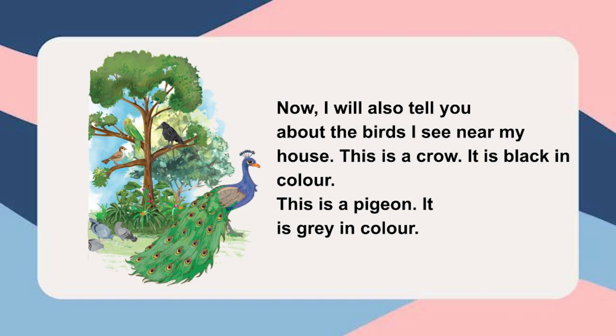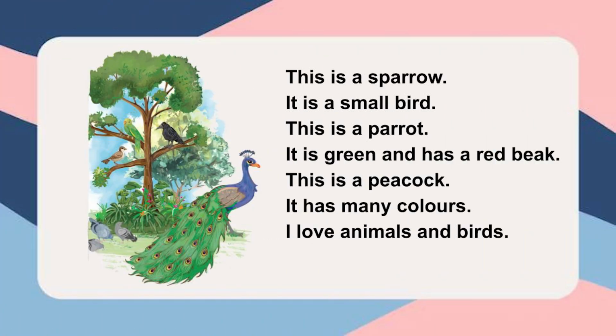This is a crow. It is black in color. This is a pigeon. It is grey in color. This is a sparrow. It is a small bird. This is a parrot. It is green and has a red beak. This is a peacock and it has many colors. I love animals and birds.